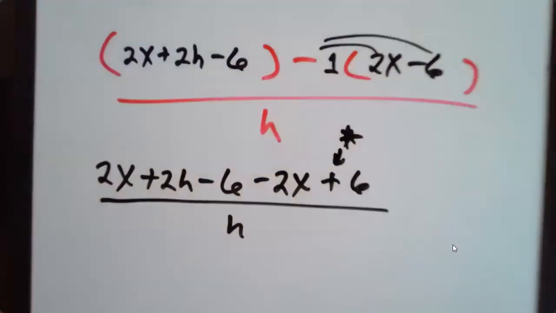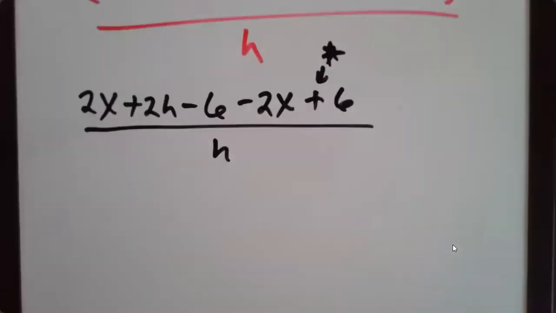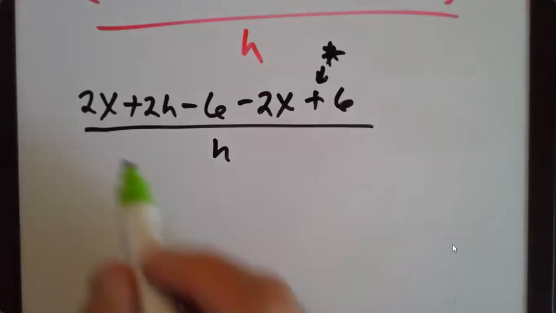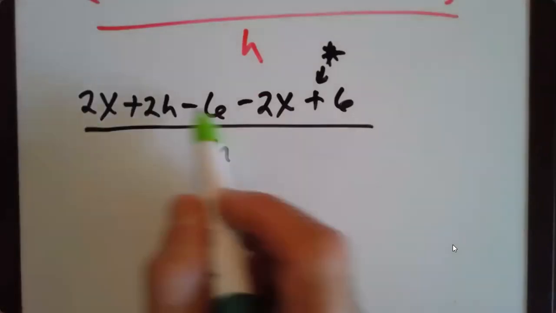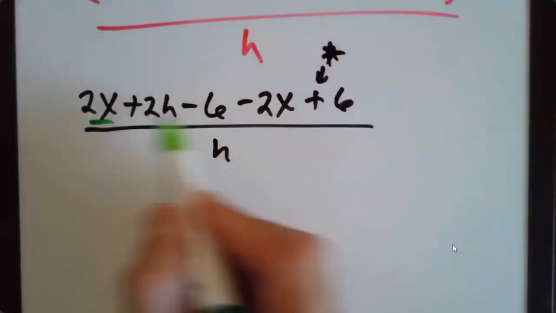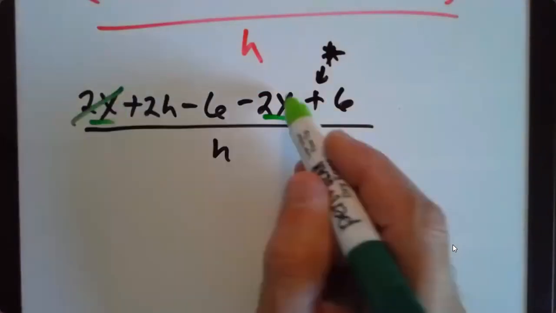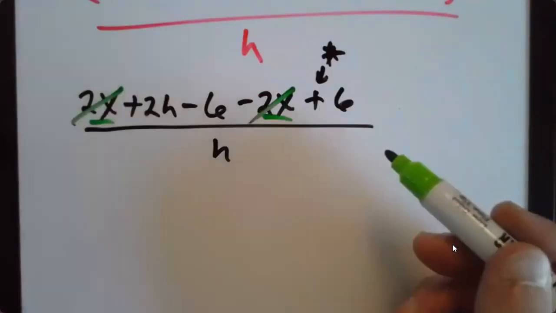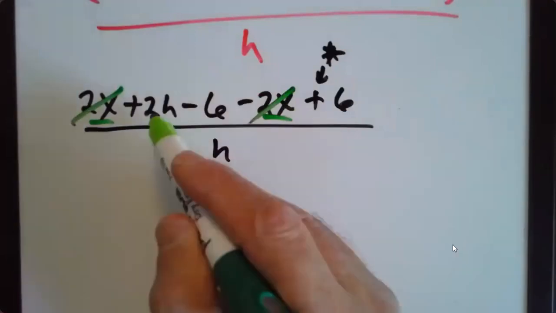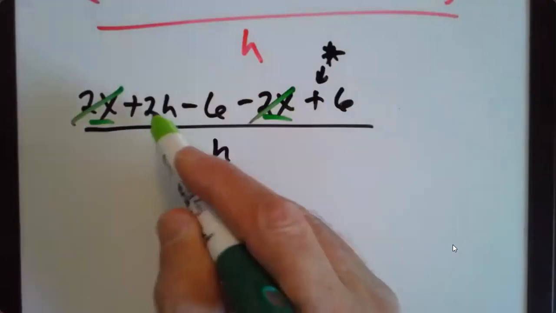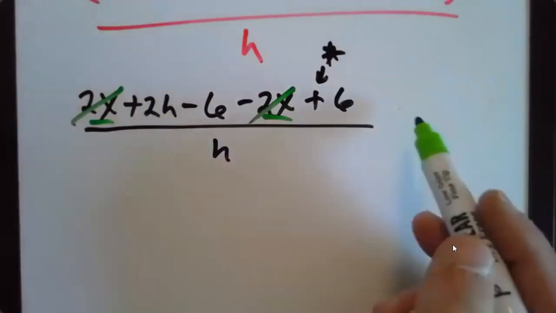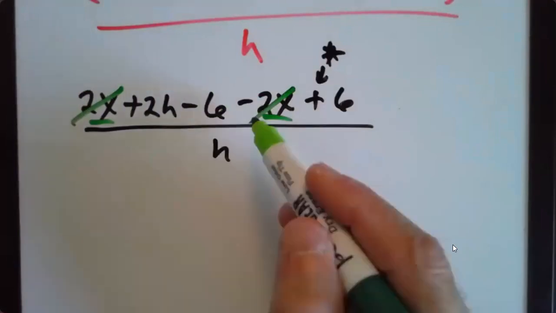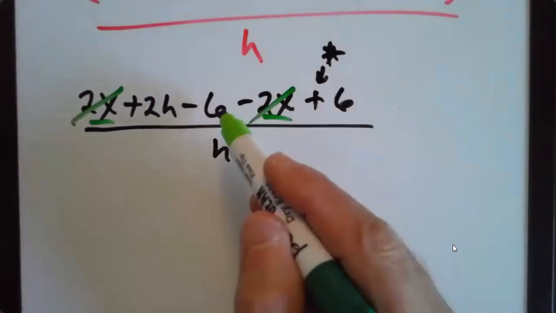From here we want to combine like terms and simplify. We have a positive 2x and a negative 2x. They go to 0x, so we can cancel those out. We have a positive 2h, and there are no other h's, so we leave that alone. We have a negative 6 and a positive 6.